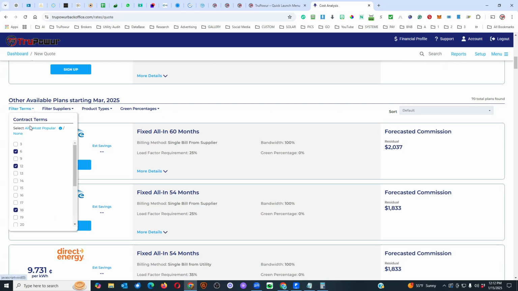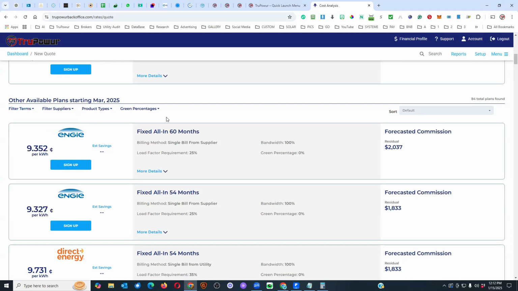If I want to look at all of them, all I need to do is go over here to where it says filter terms, select all, and then that's going to jump up to 84. So added some extra ones in there, but by putting in what the supplier is saying that the price to compare is, we can see that obviously the price to compare is below what we're showing on the screen.